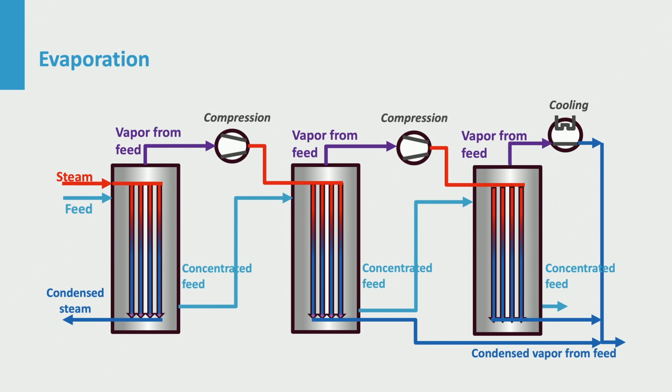Water evaporates from the feed and leaves the first effect at the boiling temperature. It is compressed to reach a higher temperature such that it can be used as heating source in the heat exchanger of the second effect.